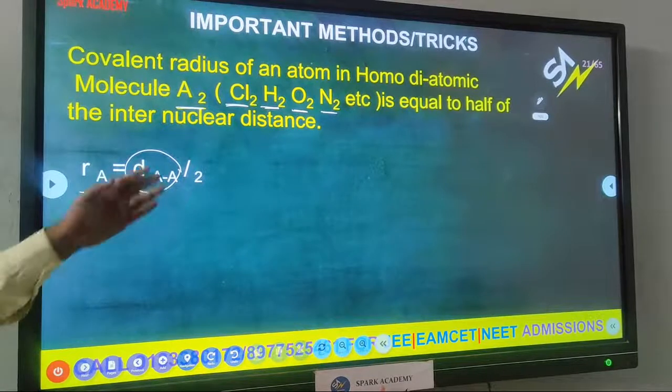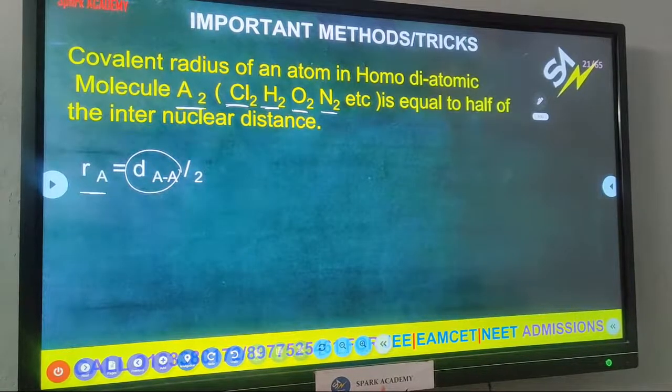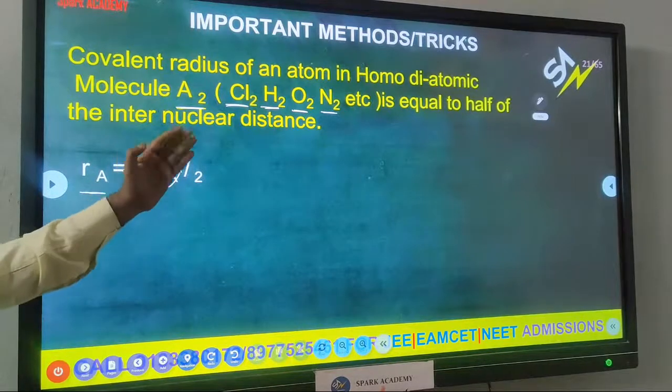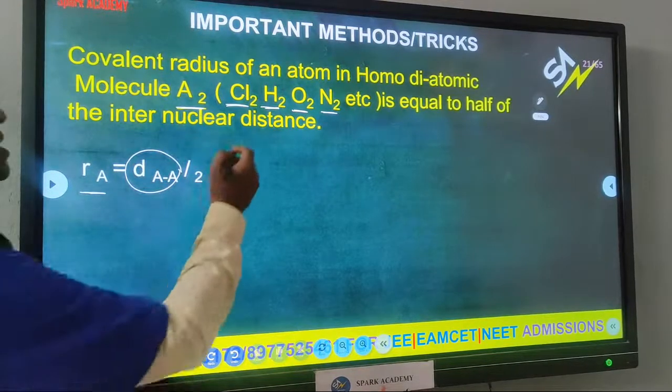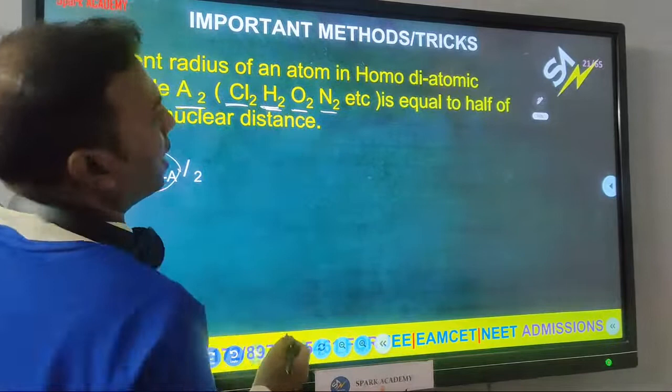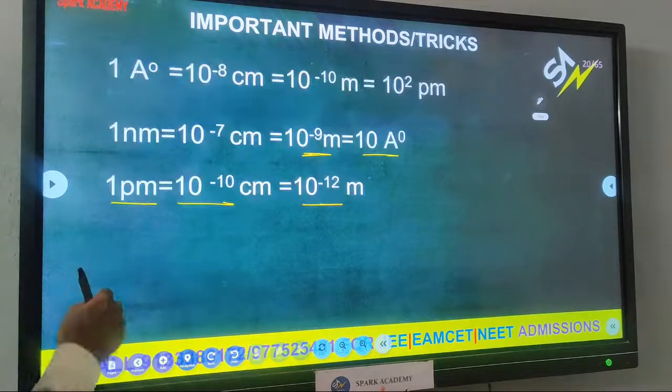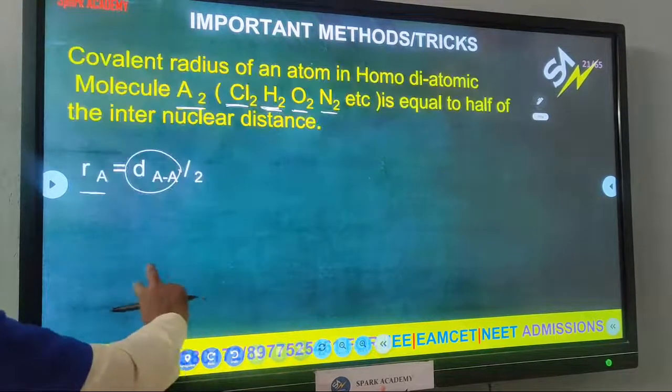For example, two oxygens: the distance between oxygens by 2. Distance between chlorines by 2. Distance between hydrogens by 2. In this way, for homodiatomic molecules, we get the bond length. What about then hetero?